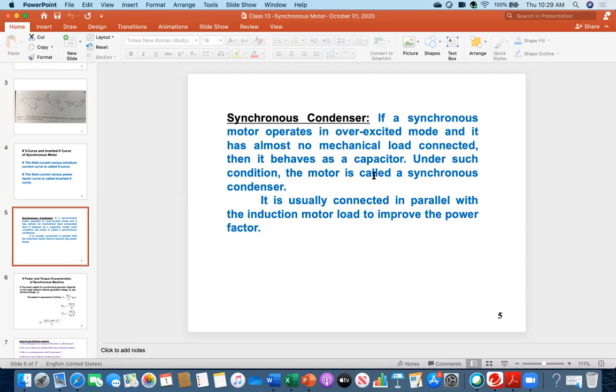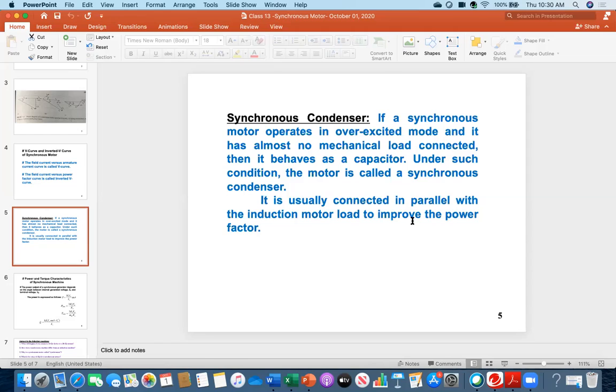What is the special situation? It should be running in overexcited mode, and it should have no mechanical load connected. Under that situation, it will work as a capacitor. So I may also ask you in the upcoming midterm or final exam, what is the condition that a synchronous motor will behave as a capacitor? That time exactly you have to write this.